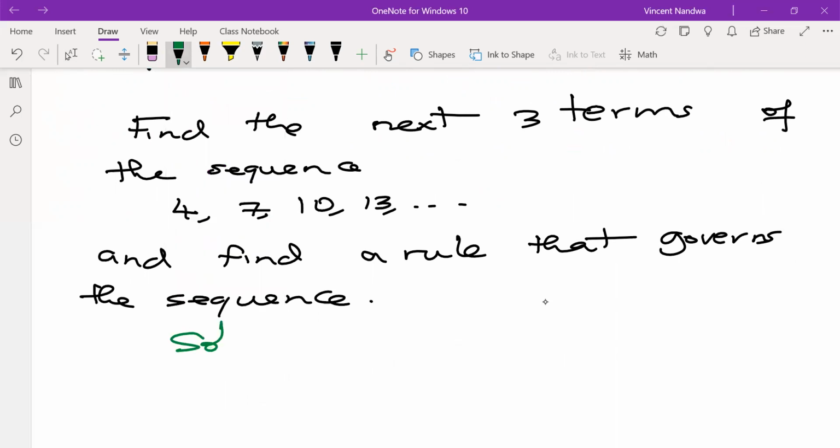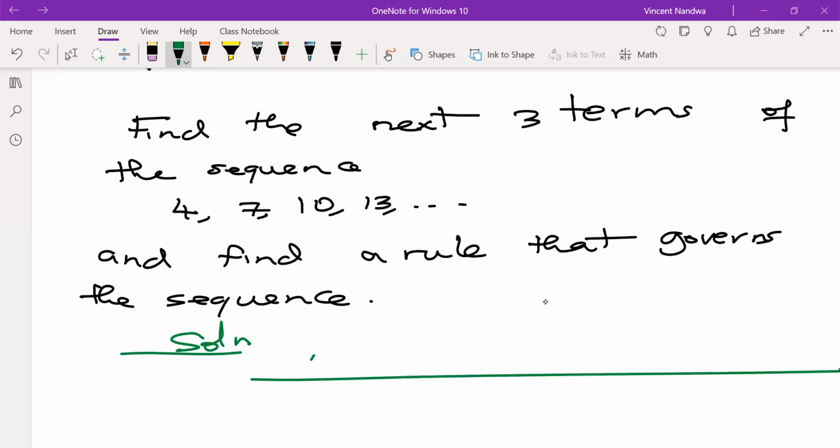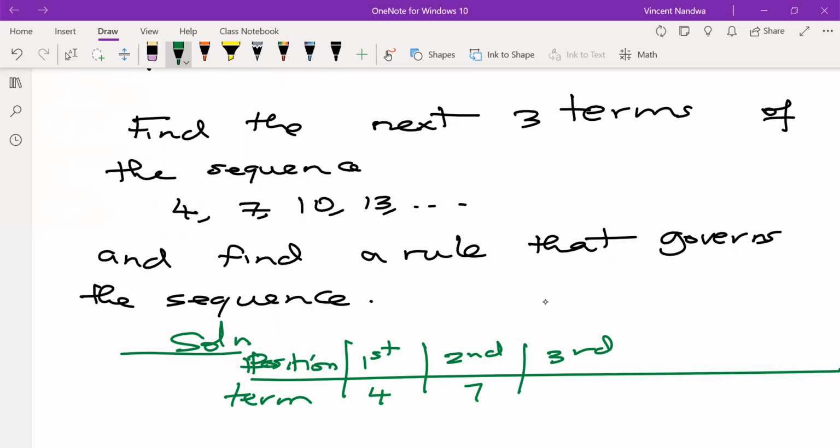So solution. Here we can form a small table, say term position, and then term. First position, the term is 4. Second position, the term is 7. Third position, the term is 10. Fourth position, the term is 13.